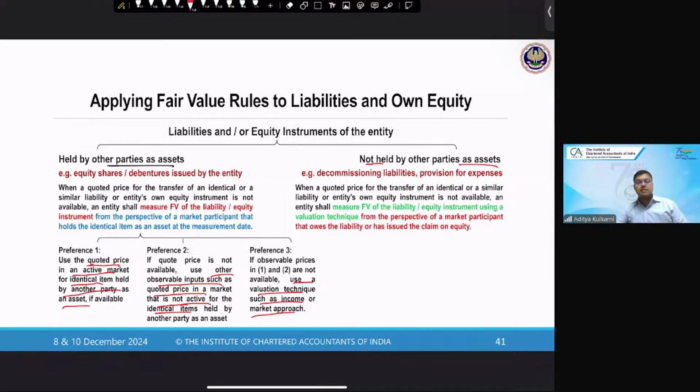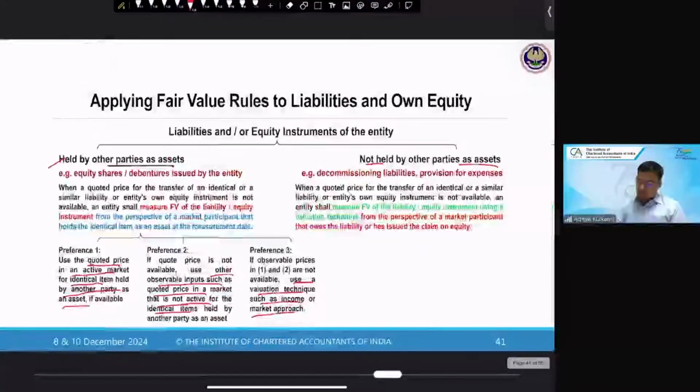So first one, quoted price. Second one, price in a non-active market. And third one is you follow either a valuation technique or an income or market approach. Did you understand? Yes. So now held by other parties as assets is also done.